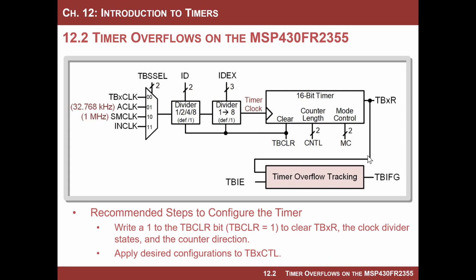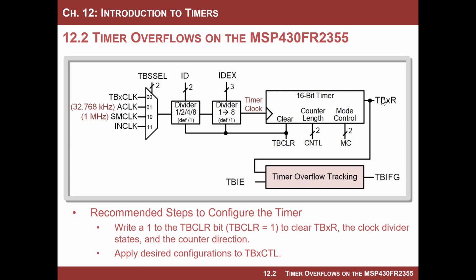When you go to set this up, you will notice that there's a clear bit. When you clear that, it actually clears everything in the counter, including the counter length and mode control, and it just gives you a fresh start. The recommended steps to configuring this is you write a 1 to this bit, which is TB clear, and it's in a configuration register, so you just do a bit set, and that will clear the timer out.